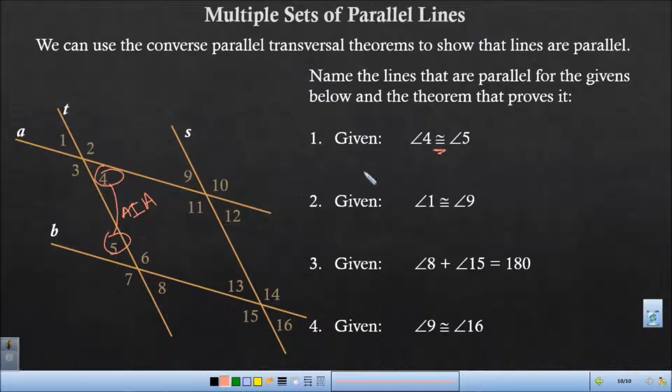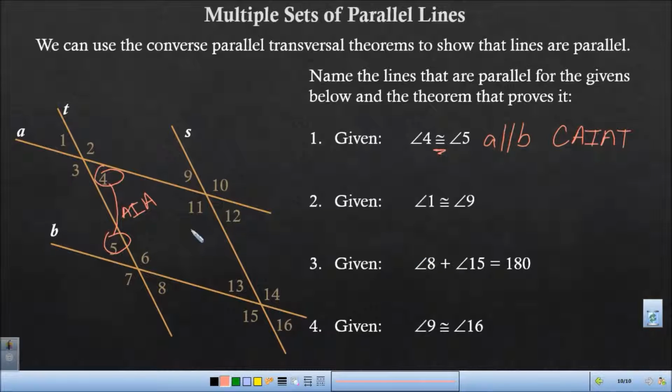That means we have parallel lines. So the lines that form these alternate interior angles are T, A, and B. T is the transversal because it forms part of each of the two angles, which means A and B are parallel. So we say A is parallel to B by the converse alternate interior angles theorem.